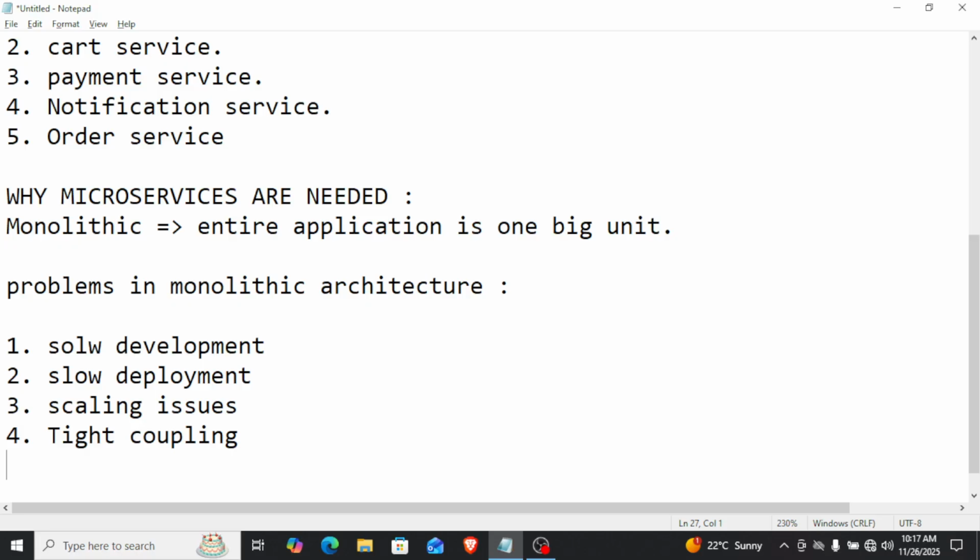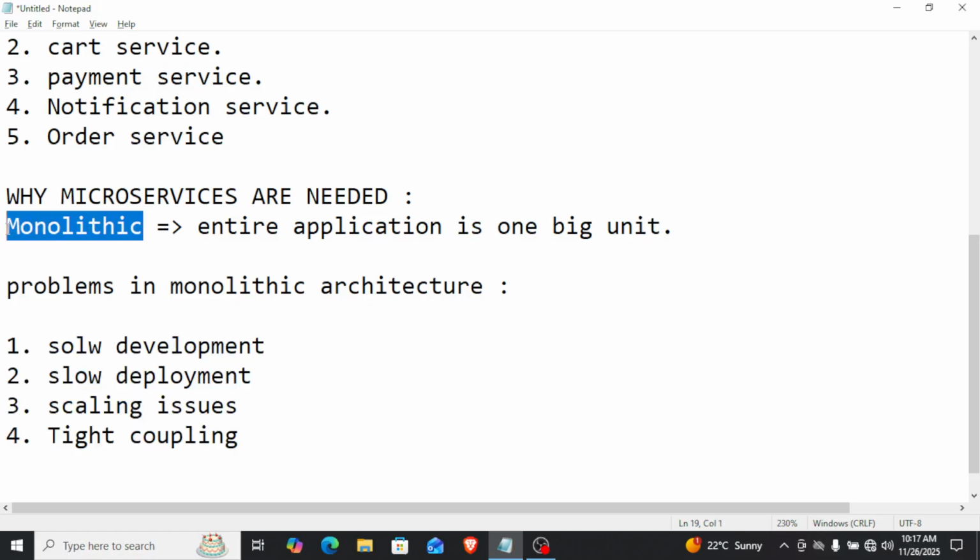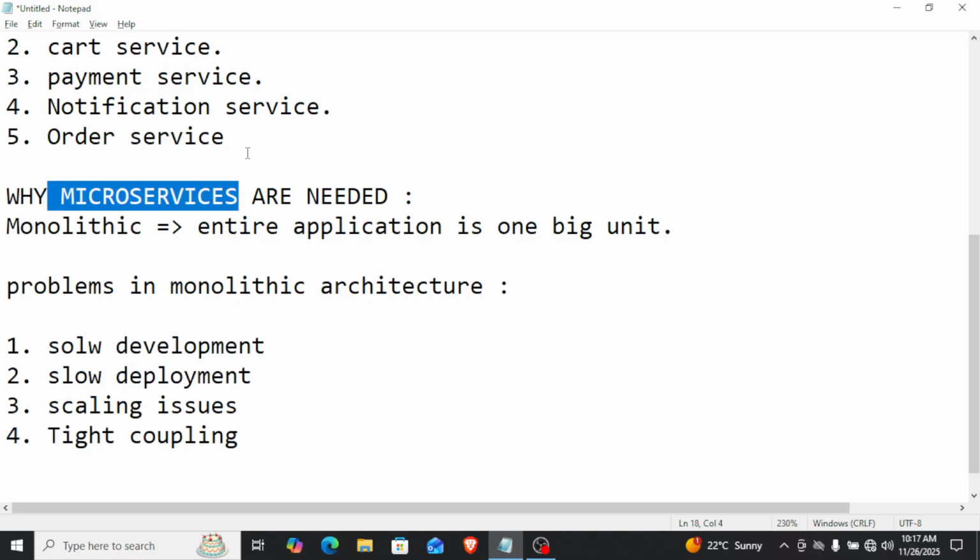For example, if a monolithic shopping app gets heavy traffic only on search, we must scale the entire application unnecessarily. So these are the problems that occur while you use monolithic. To avoid these problems, we need microservices as an architecture.